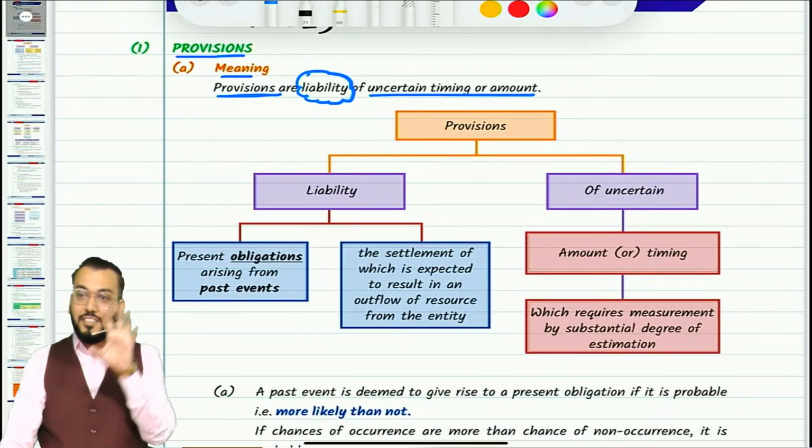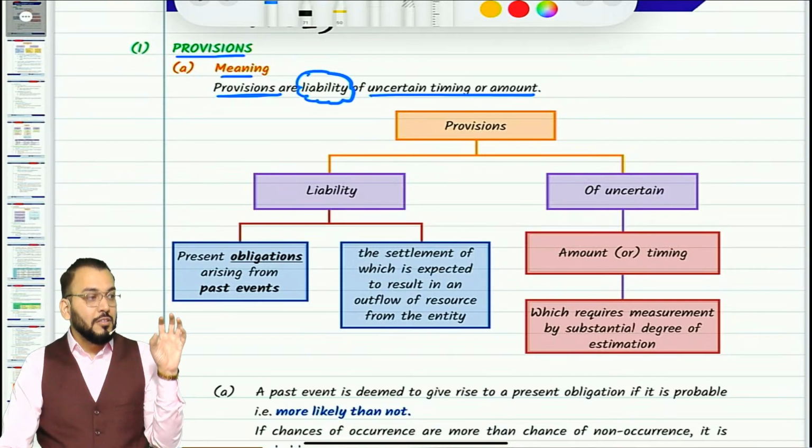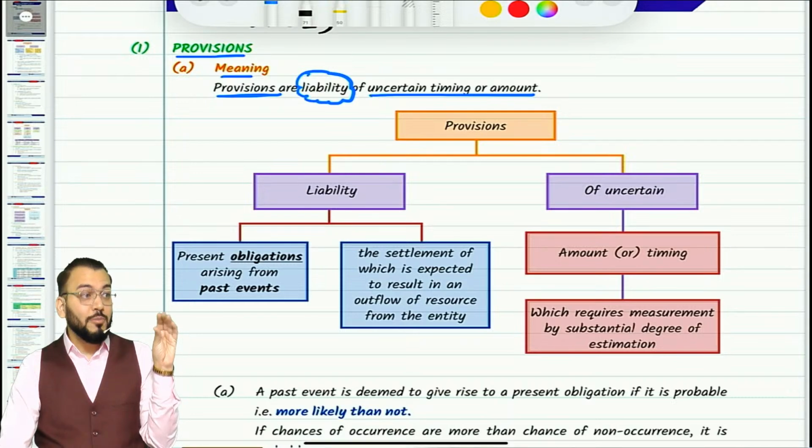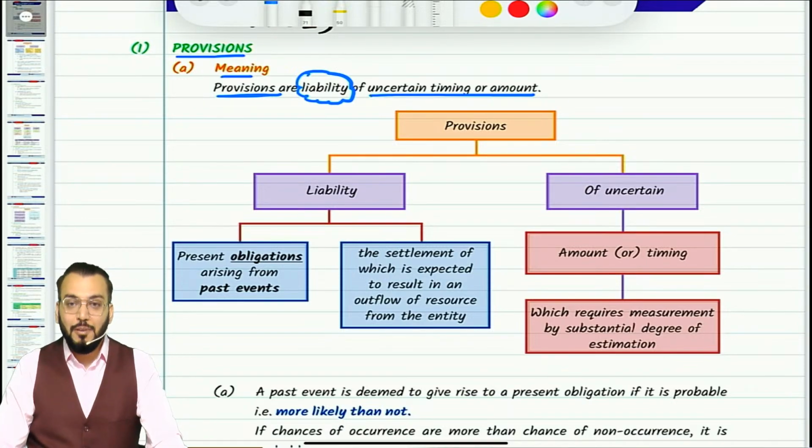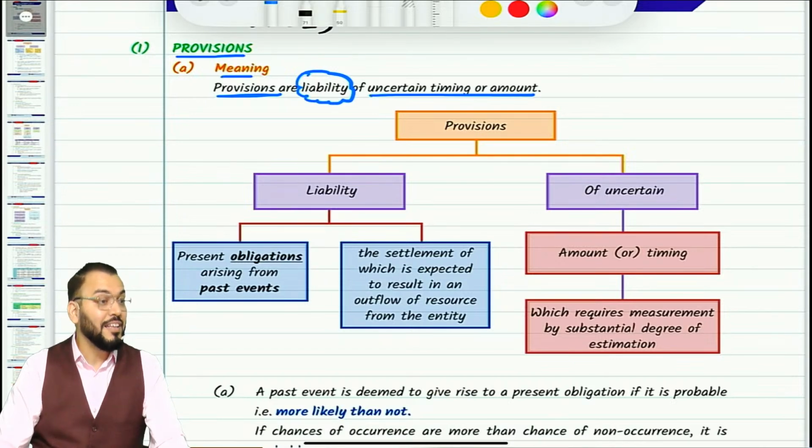At CA Final level, if I am asking about liability and you are taking so much time, suppose a CA Foundation student asks you the meaning of liability and you are not able to answer properly, what image are you creating? Are you able to understand what I am saying?